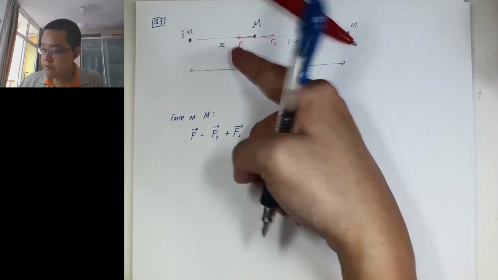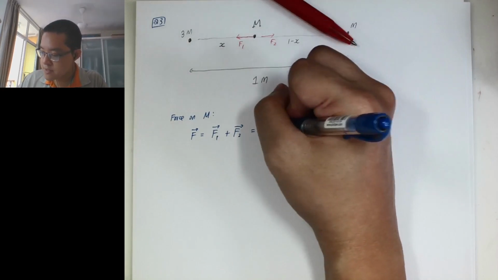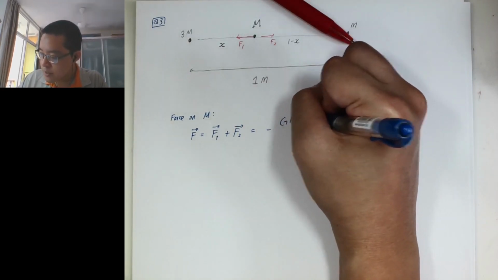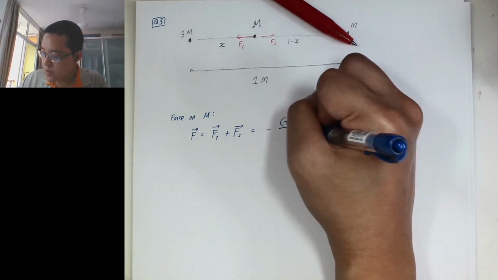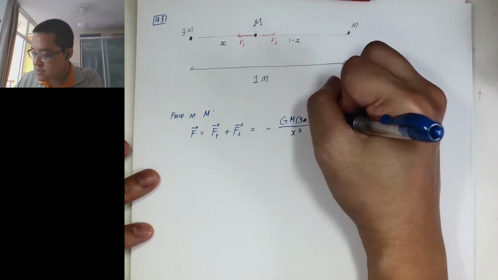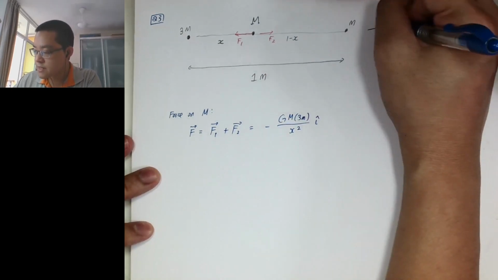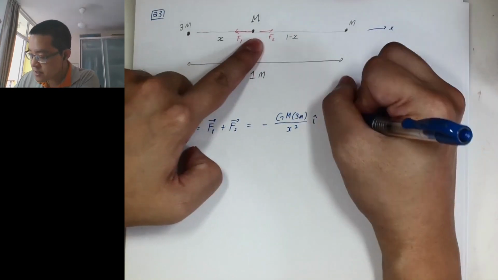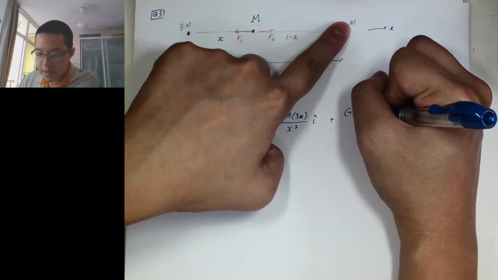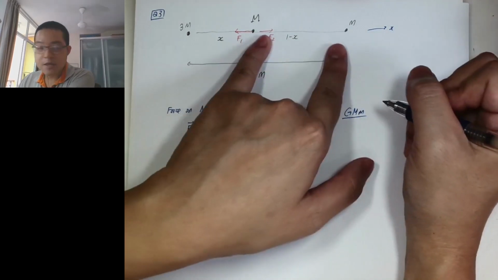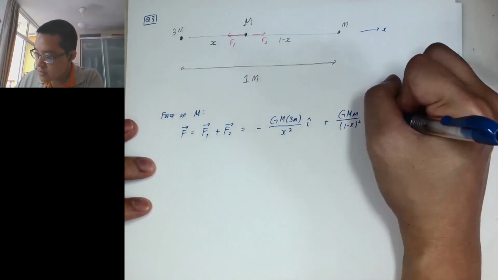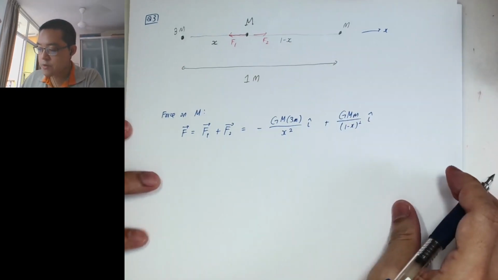So the first is negative G big M times 3 small m over x square, right? And the other force is in the i direction, right? If I take this as my x, then the other force is to the right, so it's positive G big M times m, but the distance is where you must be careful. The distance is 1 minus x square, and also in the i direction.